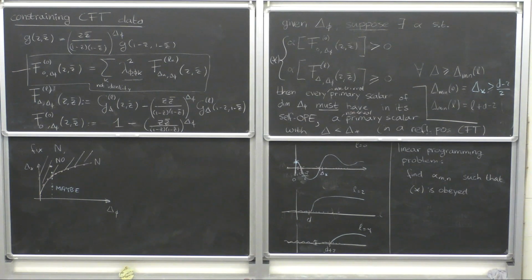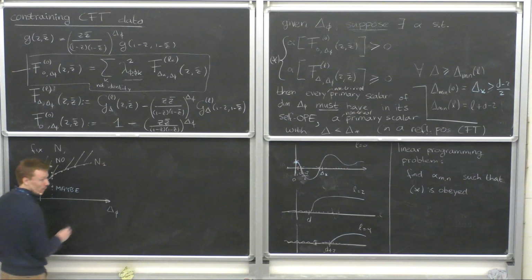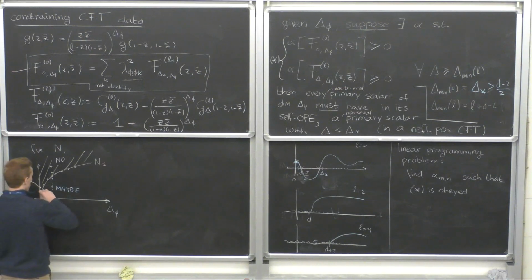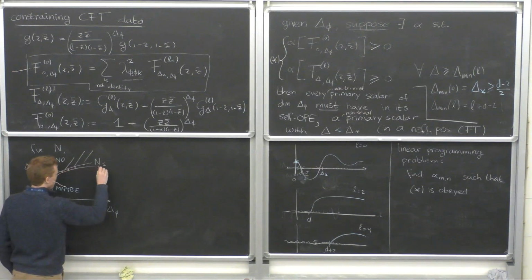Right? But it's not n=1 yet. So this is n, and then of course, if you give the computer a bigger vector space to search in, so you increase n, then you're going to get a better bound. So this would be for n1. With a bigger space, you're only going to get a better bound. You're never going to get a worse bound. So with a bigger n2, you get something like this.